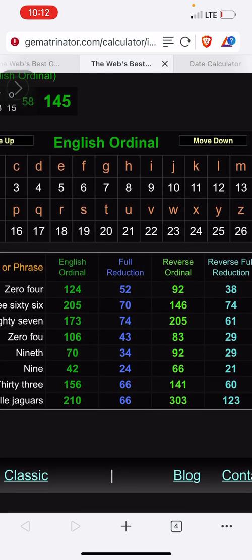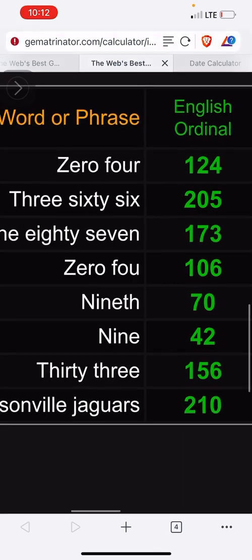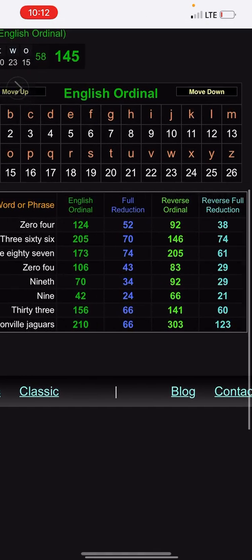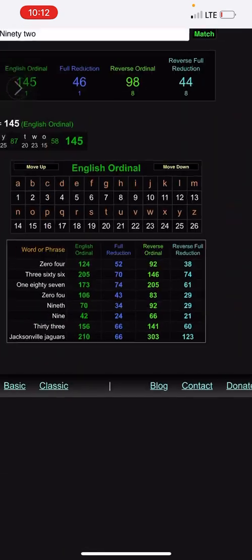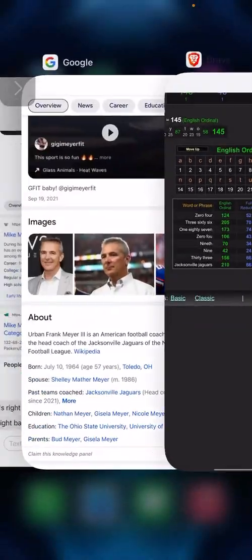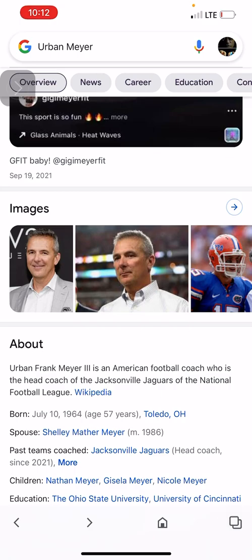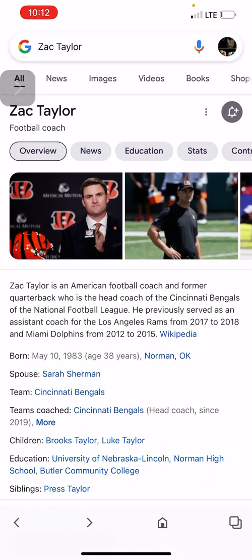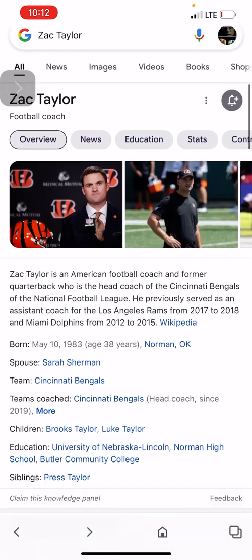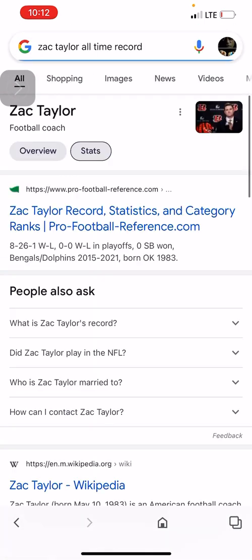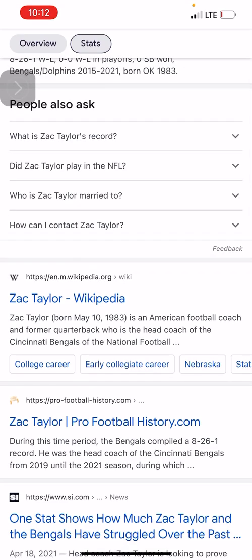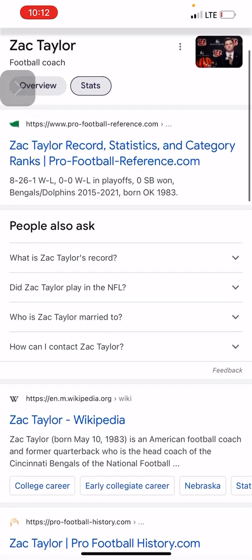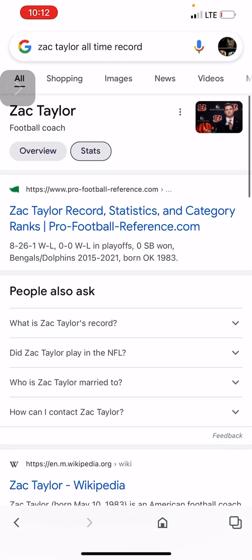And then also, like I was saying earlier, 9th. The Bengals coach is picking up his 9th win. 9th is 92. To verify that, we can go to Zac Taylor, whose record currently is 8-26.